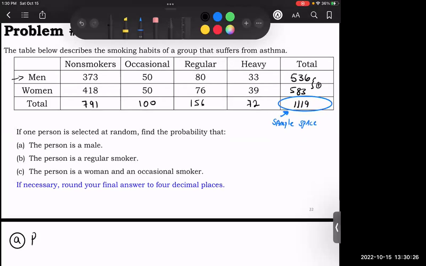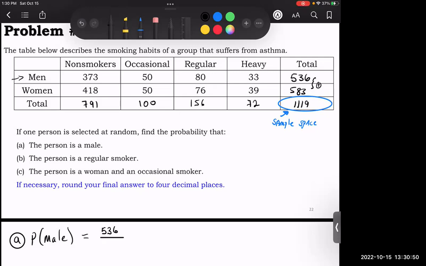Well, how many men do we have in this table? 536. So if one person is selected at random, it's the number of ways to select a man. So it's 536 different ways out of the total number of people, your sample space.